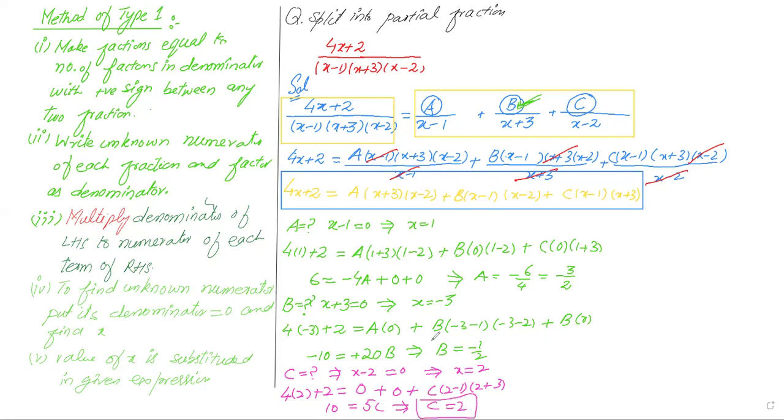So there are three answers, the answer of A as well as the answer of B as well as the answer of C. Now you have to substitute these values.